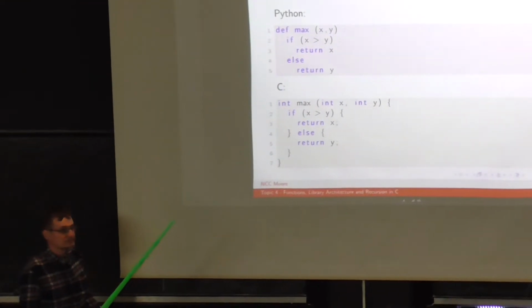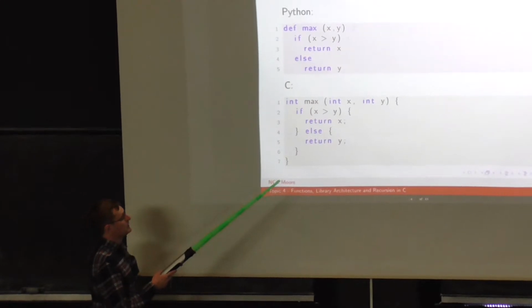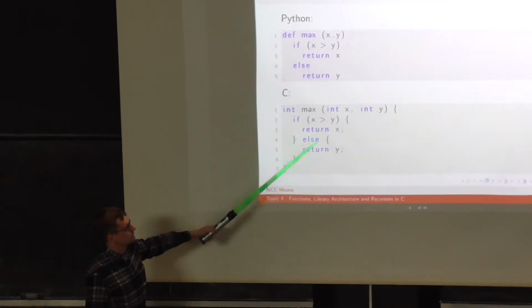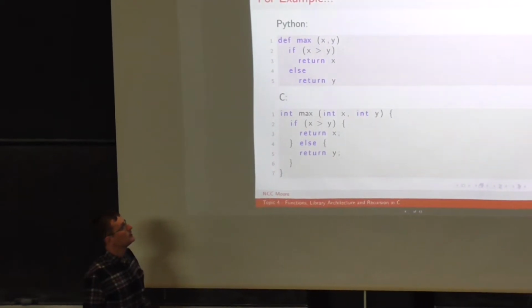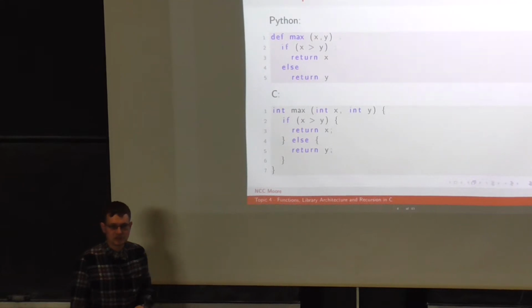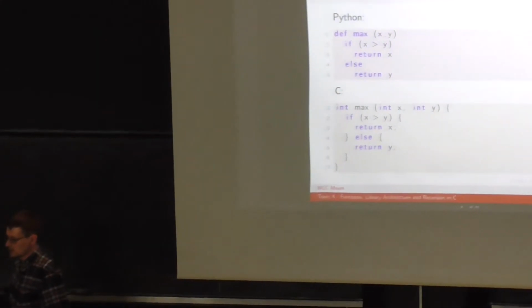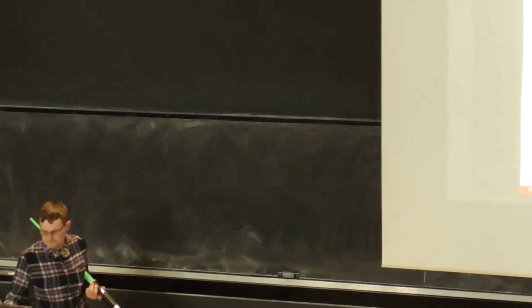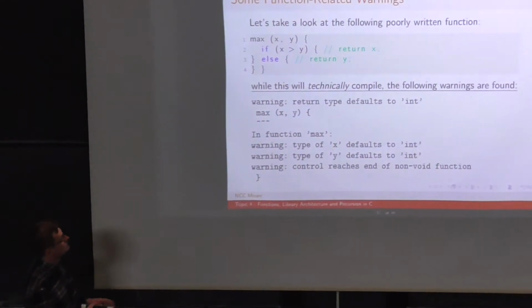Make sense? So, for example, max function in Python, max function in C. Notice the declaration of everything as integers. Notice the use of curly braces. A more elegant weapon of a more civilized age. So let's take a look at the following poorly written function.